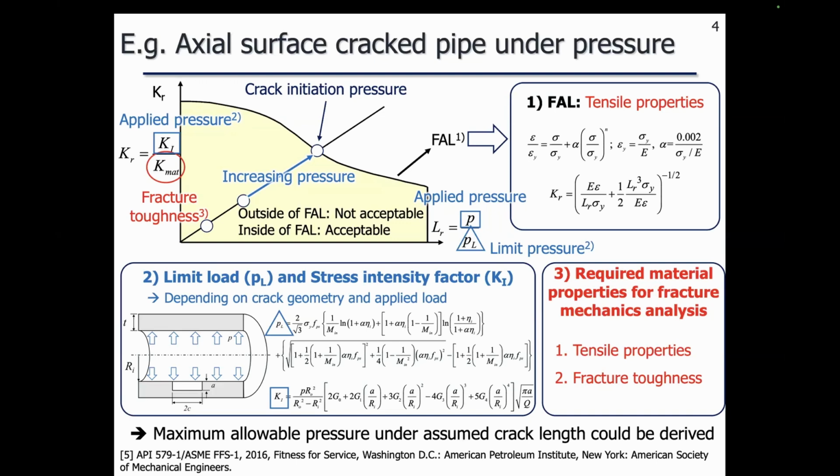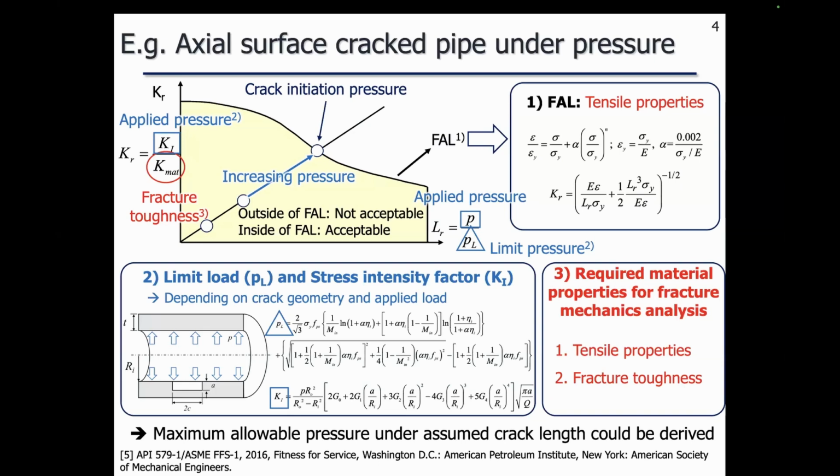The x-coordinate of the assessment point, which is called LR, is defined as the ratio of applied pressure to the limit pressure. And the y-coordinate, which is called KR, is defined as the ratio of the stress intensity factor for the applied pressure to the fracture toughness.